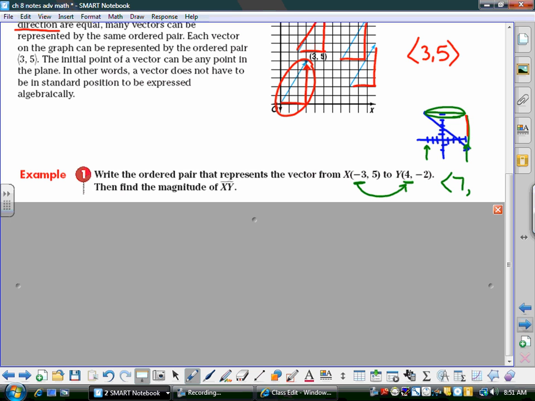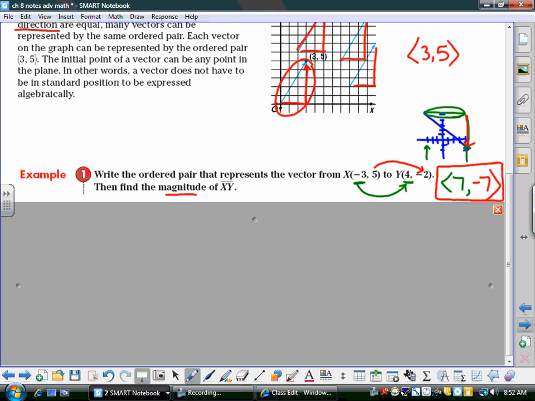In the y direction, it changes from 5 to -2. So in the y direction, it changes -7. It's going down 7. So that's the ordered pair that represents that vector, 7, -7.